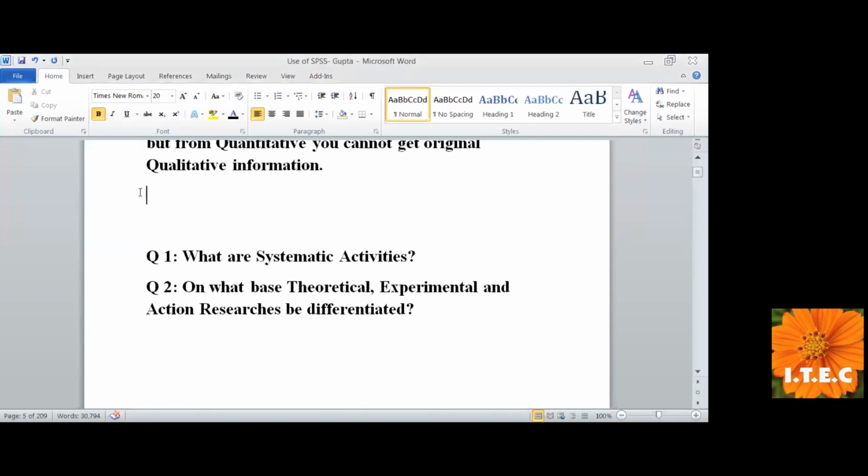Now let us go to another point. Because research is a process, if it is a process, then there must be steps. Because when you brush your teeth, it is a process, and you know what you do.